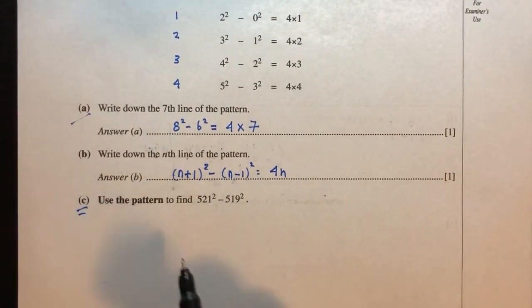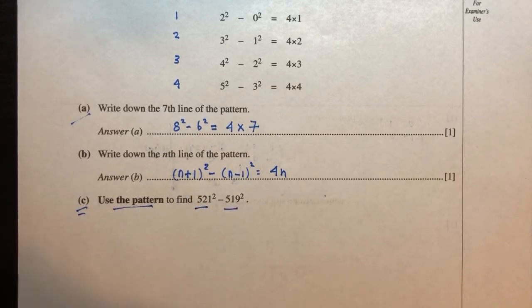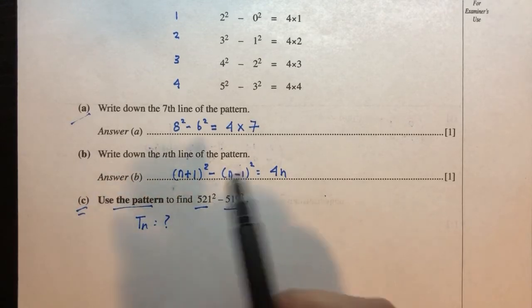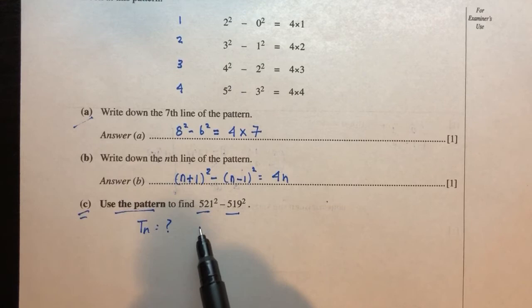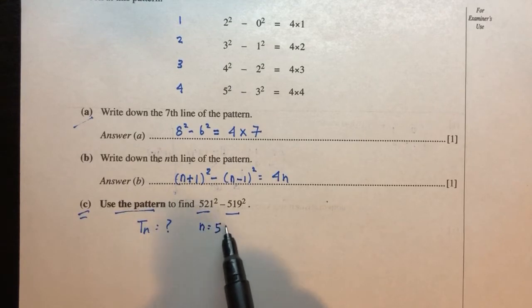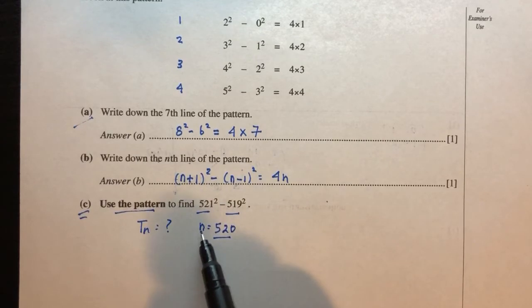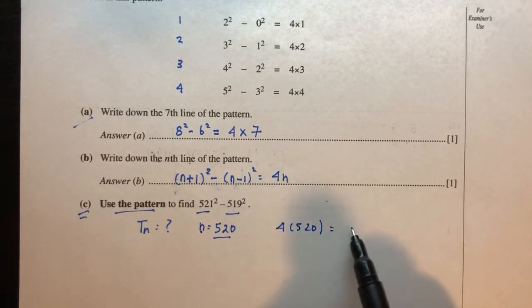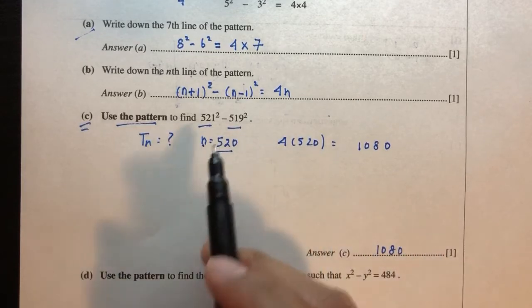Now part C, use the pattern to find this and this. So we have to find which term this is. As you can see from the sequence above, this term is n plus 1. So n will be 520. So if n is 520, the term is 4 times 520. That will be 2080. So that will be the value of this one.